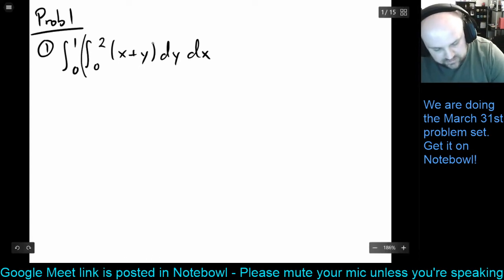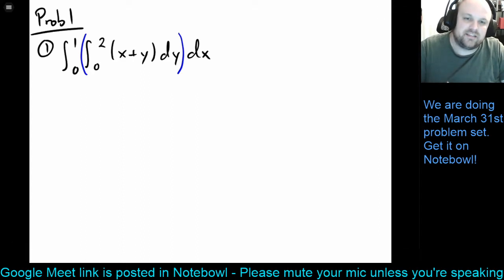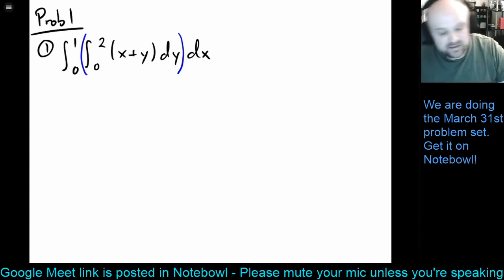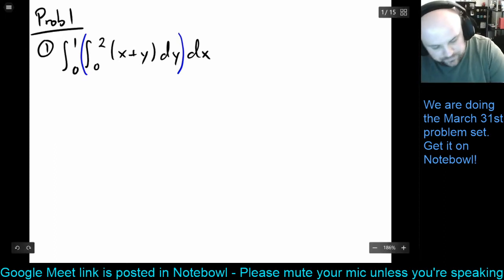We should view the double integral like composing functions, right? You plug the number all the way on the inside, then apply the next function, and move out and apply the next function, and so on. So it's the same idea here.